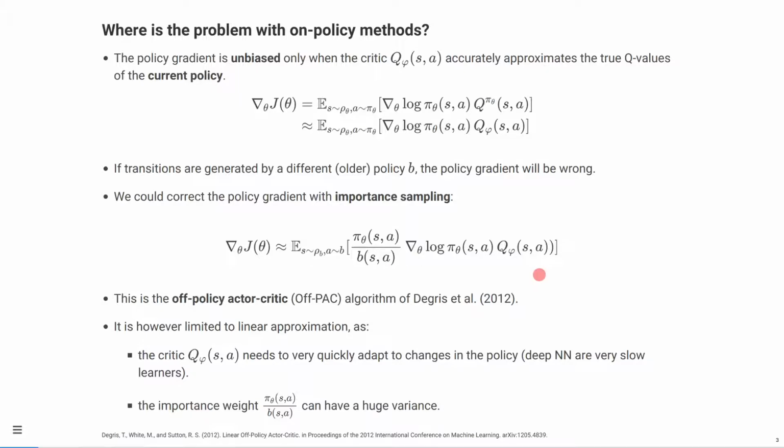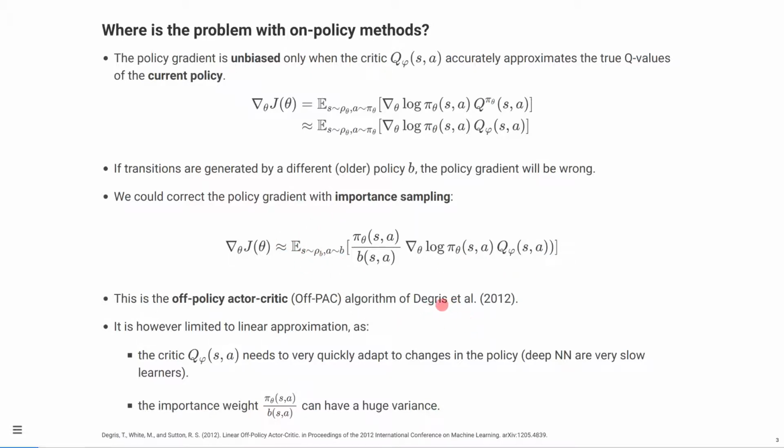So that's possible in practice. You always have the right to do this. That's called an off-policy actor-critic, Off-PAC algorithm, where you simply use importance sampling to correct the policy gradients that you estimate using a behavior policy.